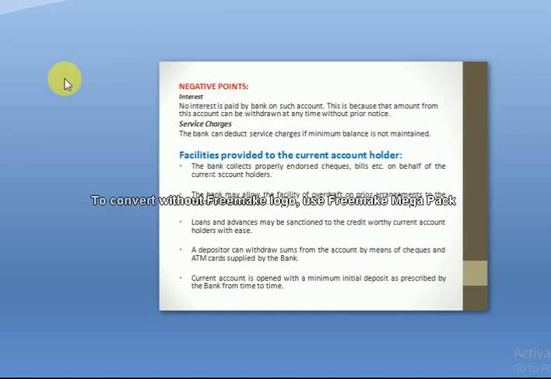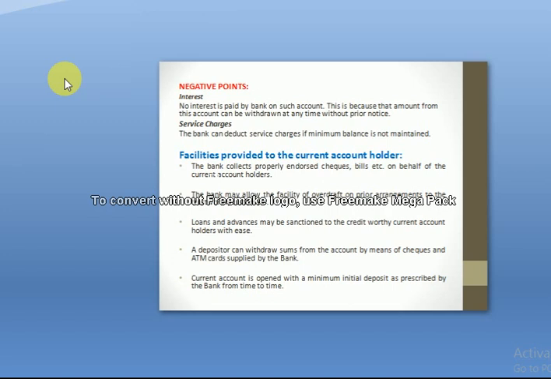When you withdraw more than 50,000 within 24 hours, there is no restriction, you can withdraw, but the bank will charge some amount as service charges, a very small amount, and this service charge percentage differs from bank to bank.